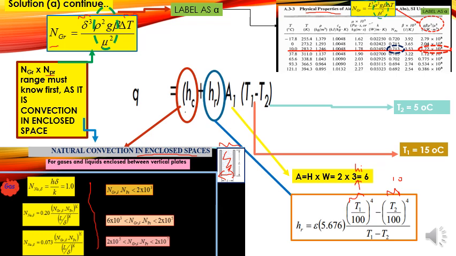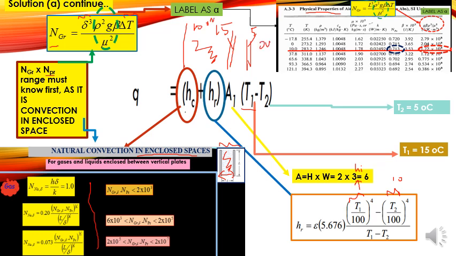So why in this case do I use T1 as the higher temperature? Because in this case I want to choose the room as my reference point. So imagine we have the double glazed window, the temperature here is 15 and the temperature here is 5 degrees C. This is the room and this is outside.